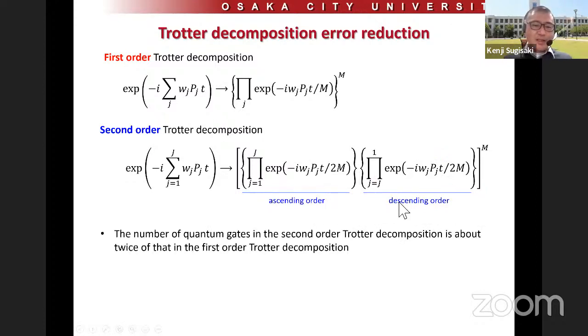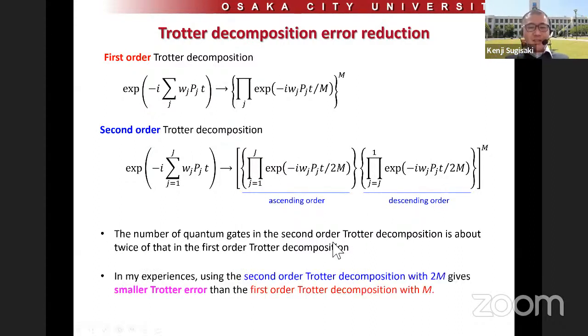So roughly speaking, the number of gates in the second order Trotter decomposition is about twice that of the first order Trotter decomposition. And in my experience, using second order Trotter decomposition with m gives smaller total error than the first order Trotter decomposition with 2m. Sorry, this is not true. I mean, using second order decomposition with m gives smaller total error than the first order decomposition with 2m.